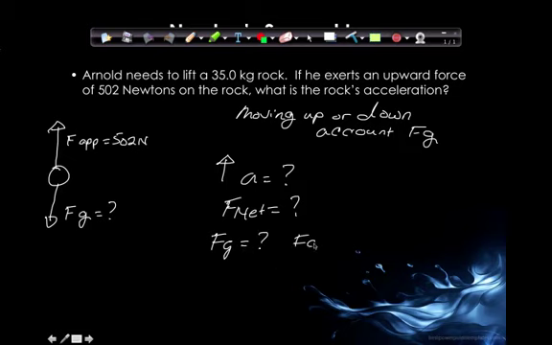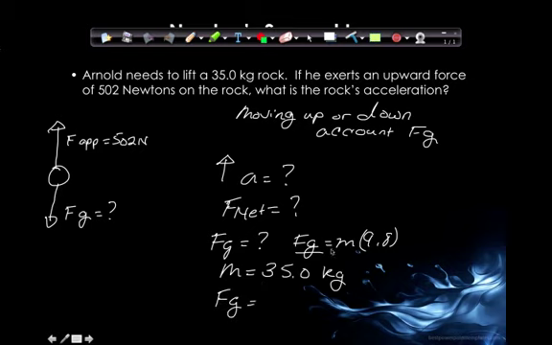We know that the force due to gravity is equal to mass times acceleration, and we know in this case it's a special acceleration of 9.8. We also know that the mass of the rock is 35 kilograms. So I can solve for F of G here.